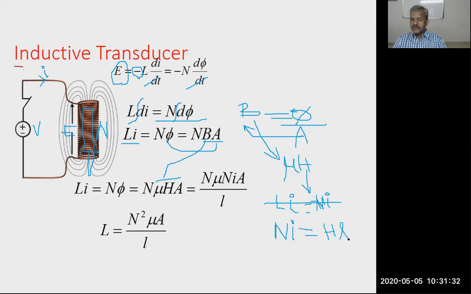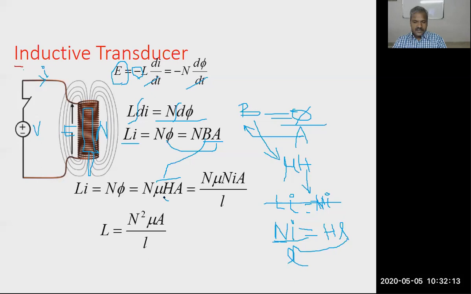That's right. The field strength H multiplied by L. So Ni, the number of turns times the current, is called ampere turns, equal to field strength H into L. So H equal to Ni by L. This L comes here.